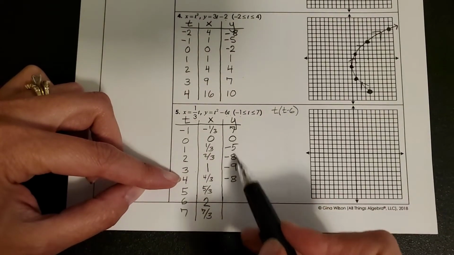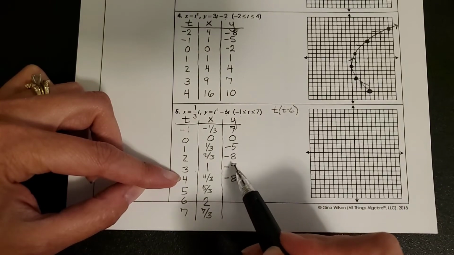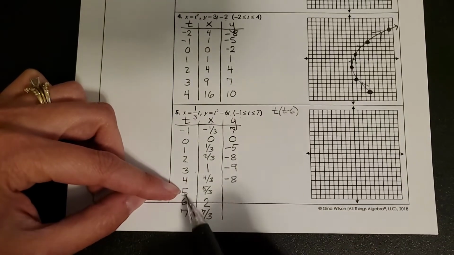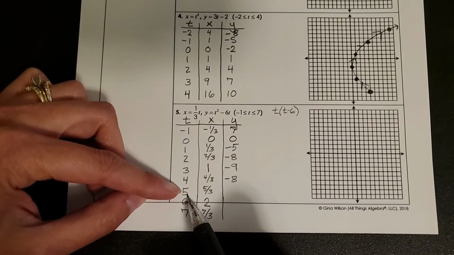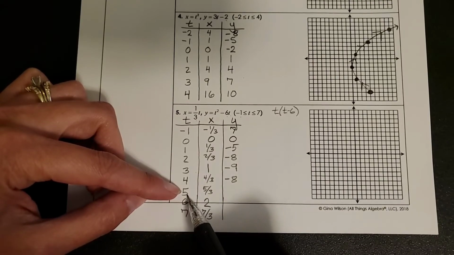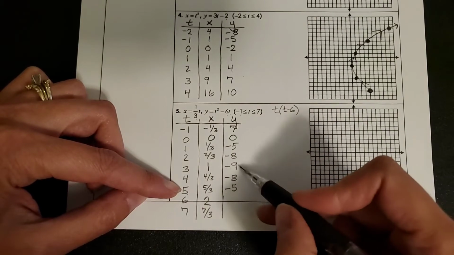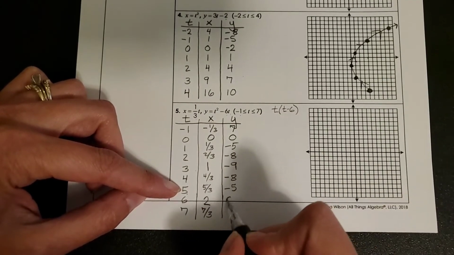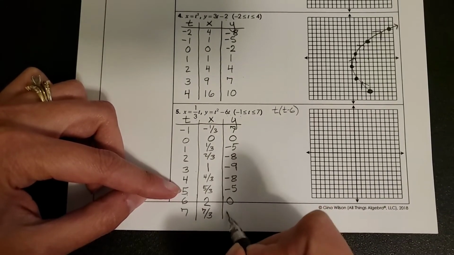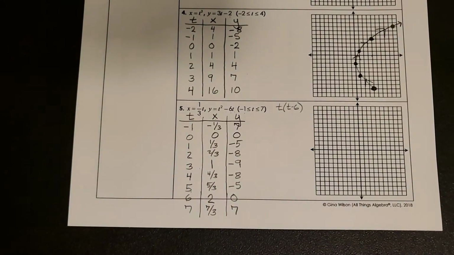Ooh, I feel like I'm decreasing. That might be my vertex there. I'm going to try 5 to make sure I see some symmetry. 25 minus 30 is -5. And do you see that symmetry emerging? This is going to be 0, and then 7. Got ahead of myself there.